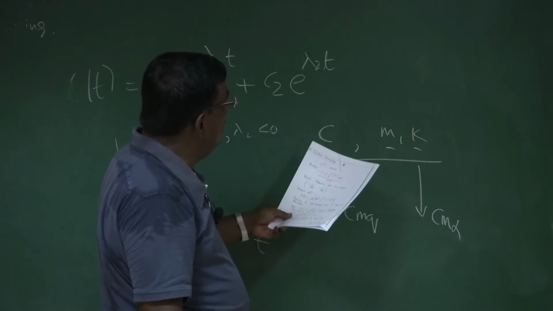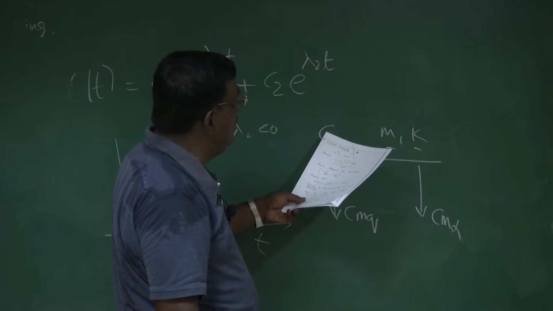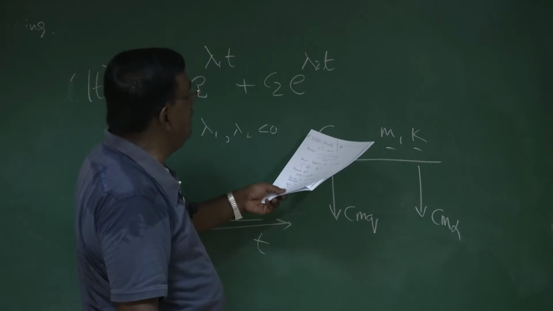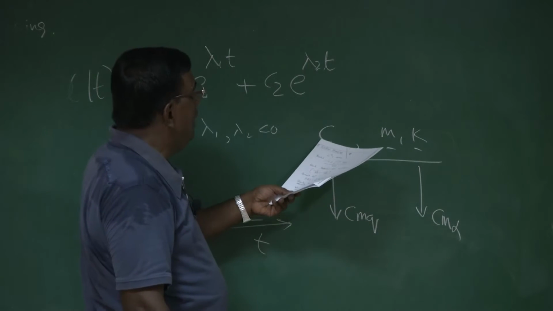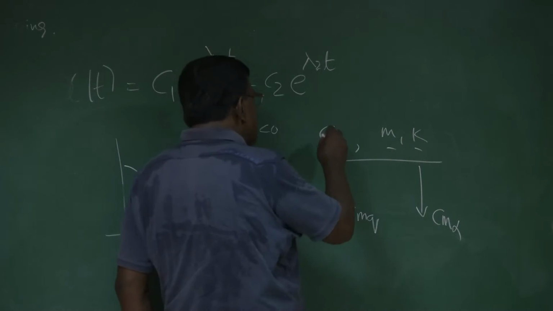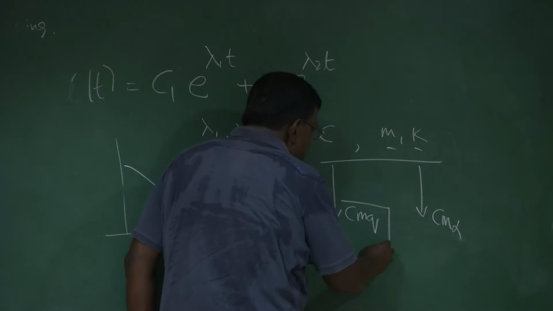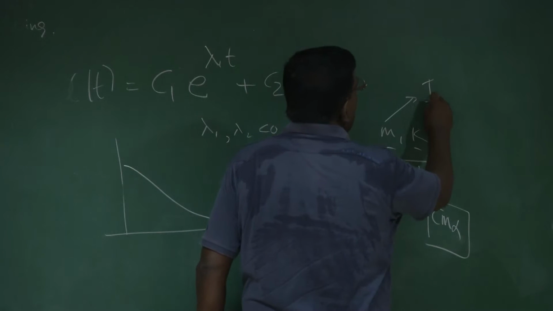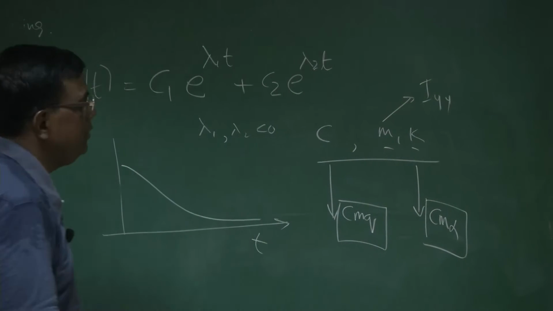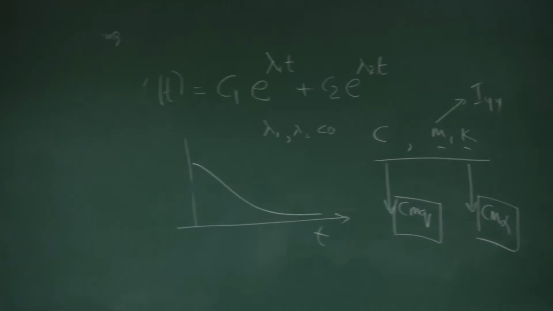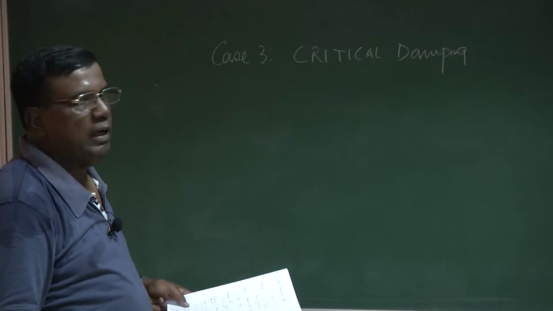If we want an over-damped response, then C square should be very high compared to 4mk. So if I translate this to aircraft, C means my pitch damping derivative CMQ, K means CM alpha, and M could be IY in the longitudinal case. That is how we are building a relationship between the understanding through the mass spring damper system and aircraft longitudinal motion. That is why we are spending so much time on this.